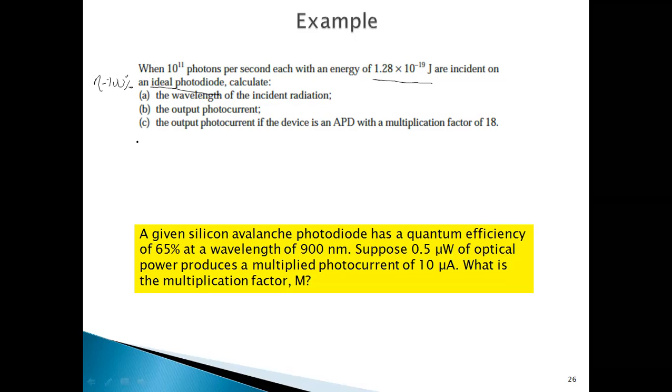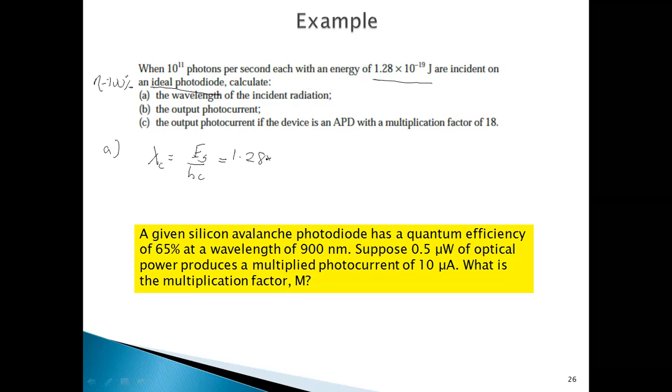So we have learned that the wavelength value can be calculated by using this equation: lambda C equals Eg divided by hc. So this is the maximum wavelength that can be supported by this photodiode. We have that the energy Eg is equal to 1.28 times 10 to the power of negative 19 joule, so that should be the energy of your photodiode.